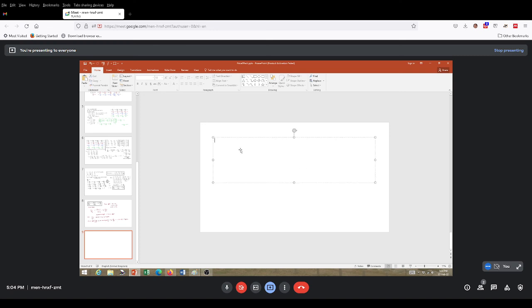References. Well, you have Hicks's Value and Capital. I've taught this from Value and Capital, but I think Chiang also has a similar definition.